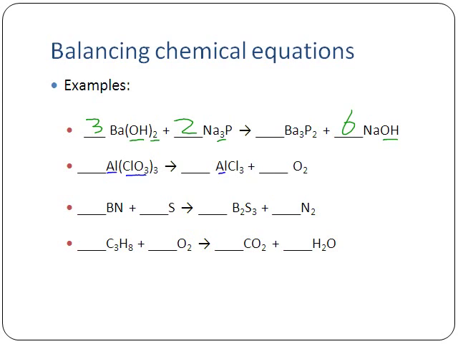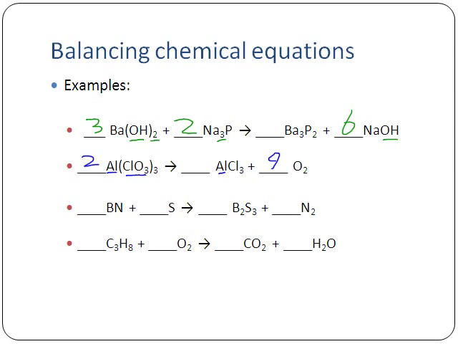Oxygens, I have 3 oxygens in the chlorate times 3 because there are 3 chlorates, gives me a total of 9 oxygens. So 9 on the left, but 2 on the right. Since those don't balance here, I want to look for the least common multiple between these two. Least common multiple between 2 and 9 is 18. And so I'm going to put a 9 over here to give me 18 of these. And then I'm going to put a 2 out here to give me 18 oxygens on the left.